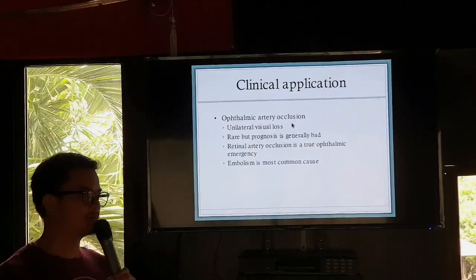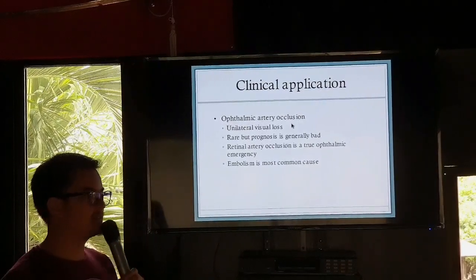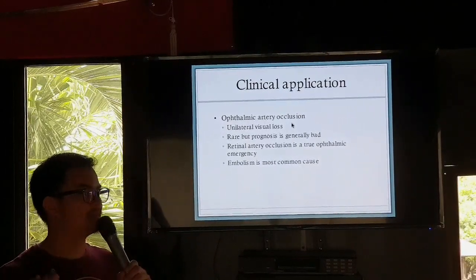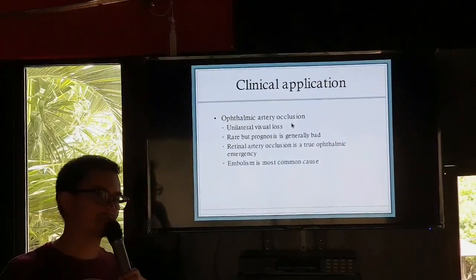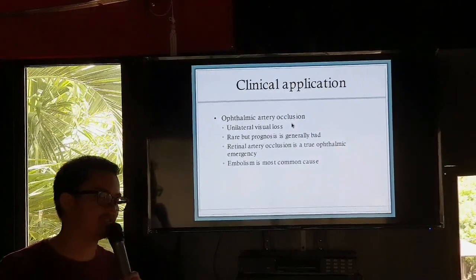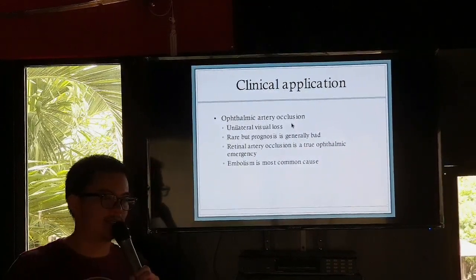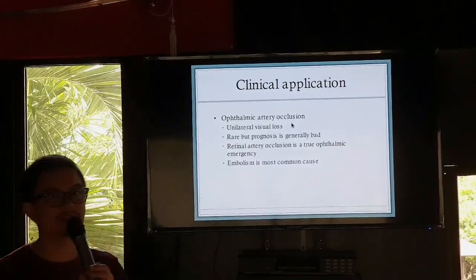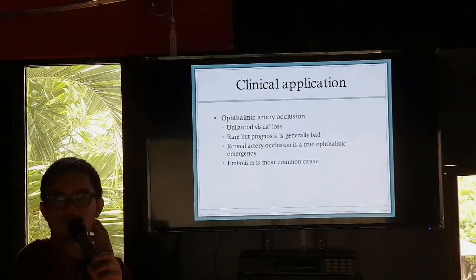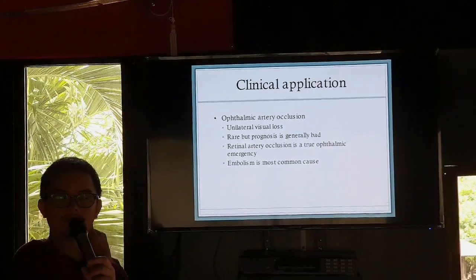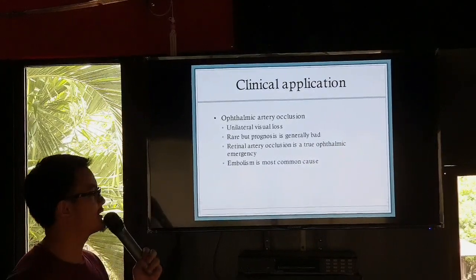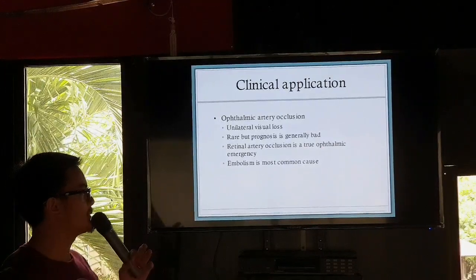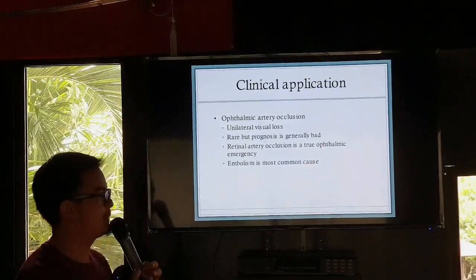One of the complications of embolizing branches of the external carotid or internal carotid is that it can actually dislodge the material for embolization. There are a lot of materials, but one of them is gel foam, which can dislodge and actually occlude one of the branches, which is the ophthalmic artery.